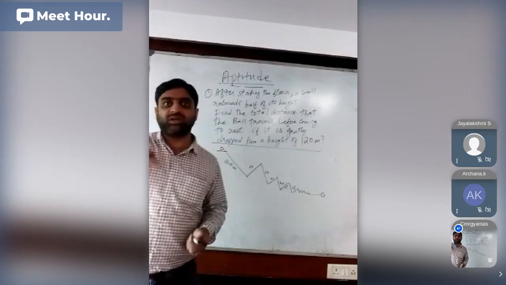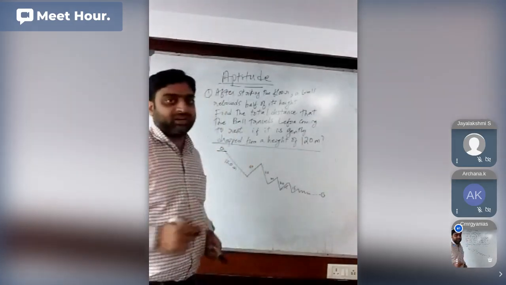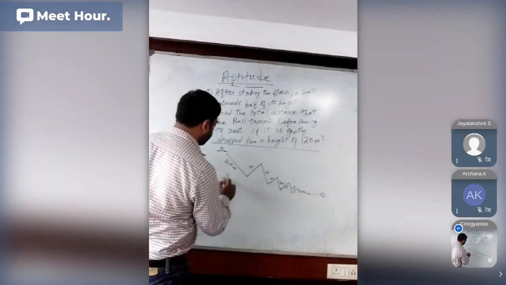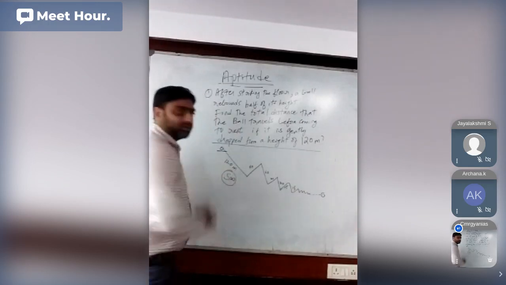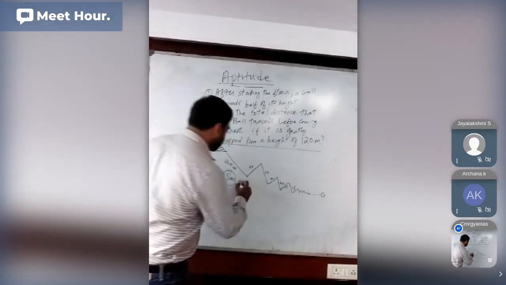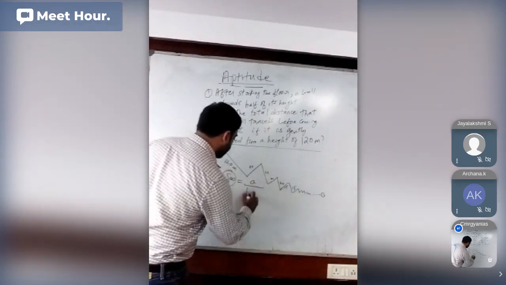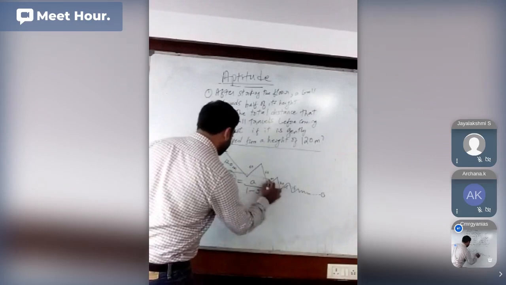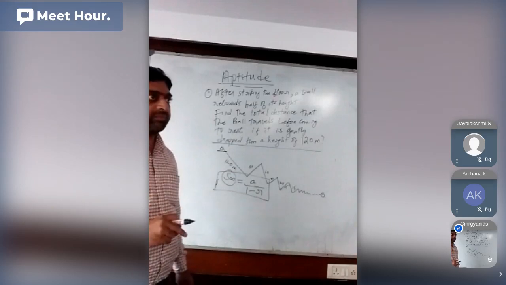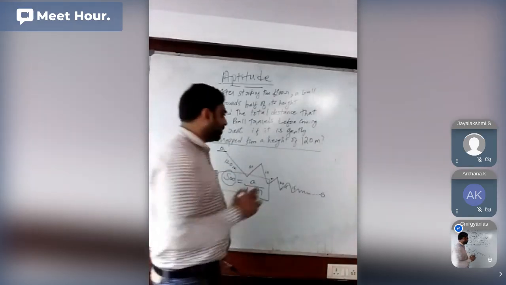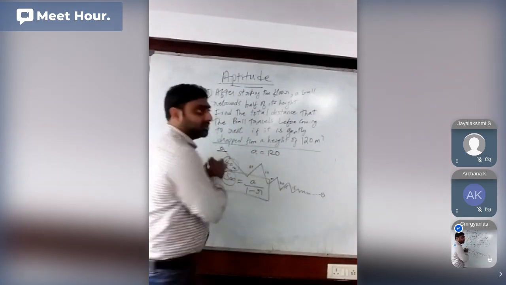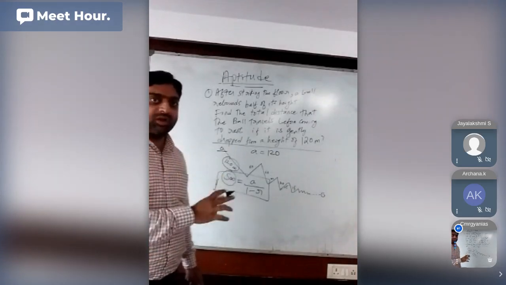You cannot say how many times it has bounced. So, in such kinds of problems, you must use the formula S of infinity. So, S of infinity is how much? The formula is A divided by 1 minus r. I took this formula, A divided by 1 minus r. So, in this, what is A? A is 120, because the ball has been dropped from a height of 120 meters.